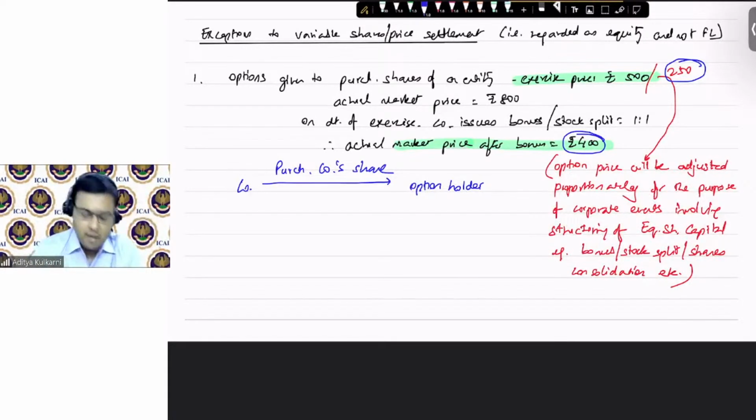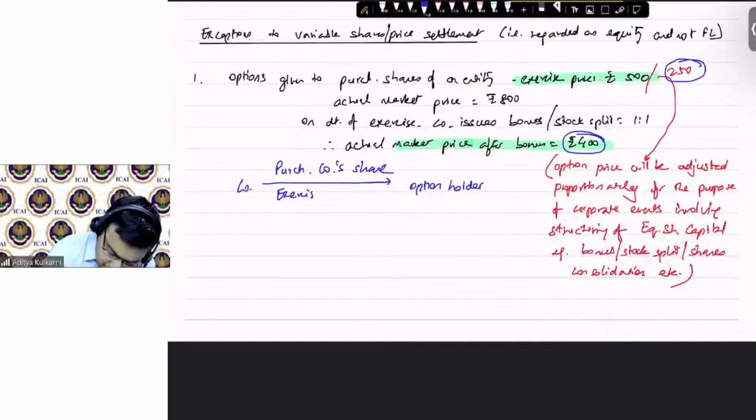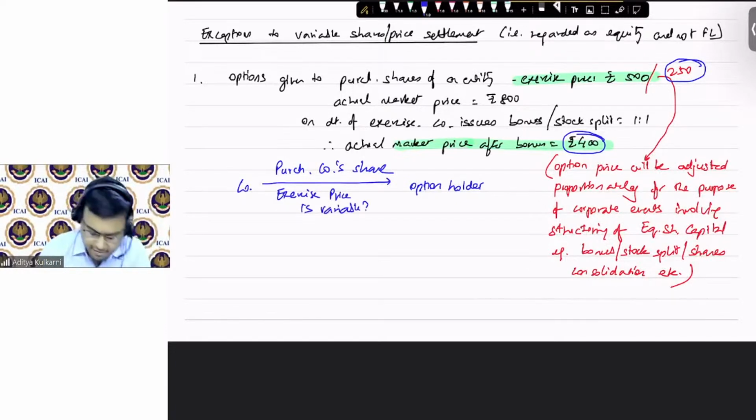Answer is yes. But the number of options is also fixed, that means it depends on how much he purchases. He can purchase 10 options, 15 options. So number is fixed. But can I say that exercise price is variable in this case? Yes or no? Exercise price is variable.